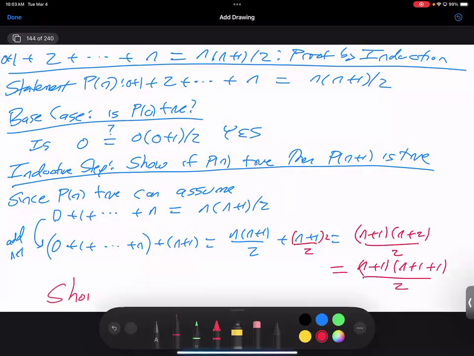So this shows Pn plus 1 is true. This is one of the more straightforward proofs by induction. Any questions about how we would do this? What was the hardest part about this?